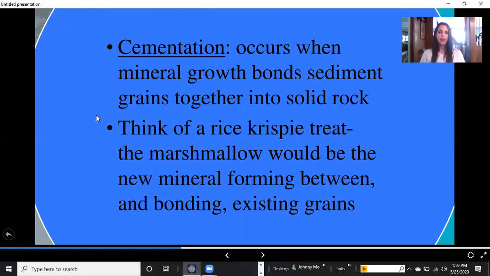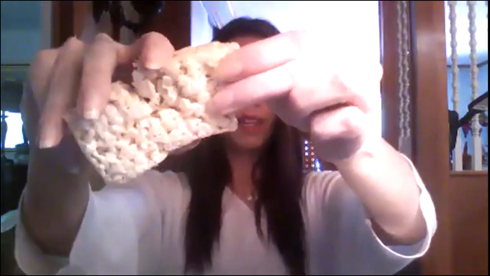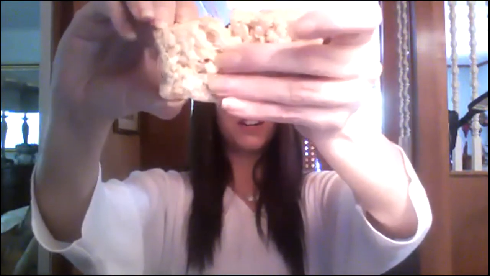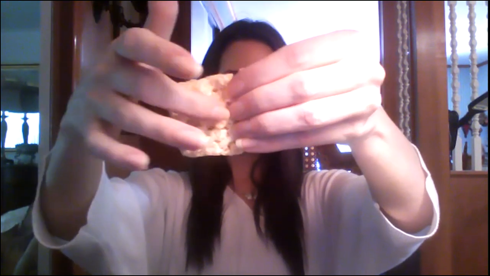Okay, so a good example is a Rice Krispie treat. So I have a Rice Krispie treat with me. If you look at a Rice Krispie treat and you look at the gooey marshmallow inside, that gooey marshmallow would be the new mineral that's crystallizing and forming there, and those older grains are going to be represented by the Krispies.